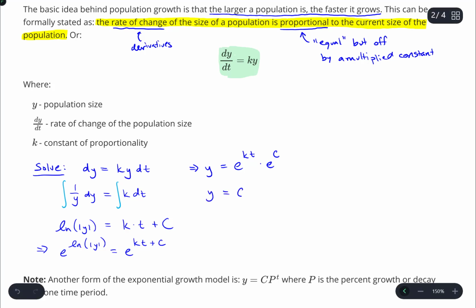So I could really write this as y equals ce^(kt), and that is the standard growth and decay model that we showed just a second ago. So our standard growth and decay model.